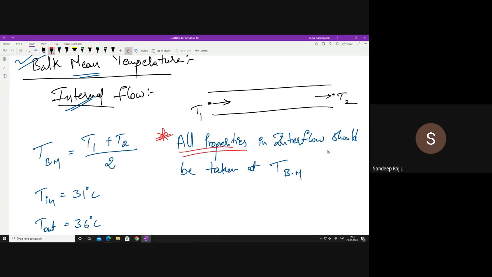Whatever property you are measuring, you have to extensively use the data book for this particular purpose. So while you're taking all the properties from the data book, you will have to make use of the bulk mean temperature effectively. Once you do, you will be in a position to get all the property values in the internal flow problem.